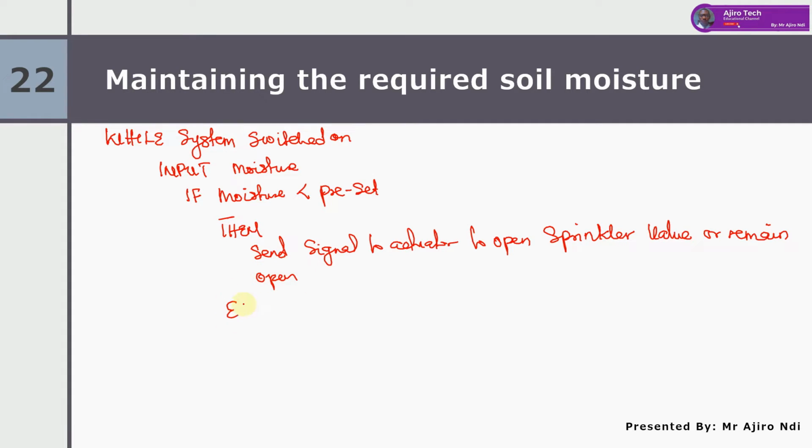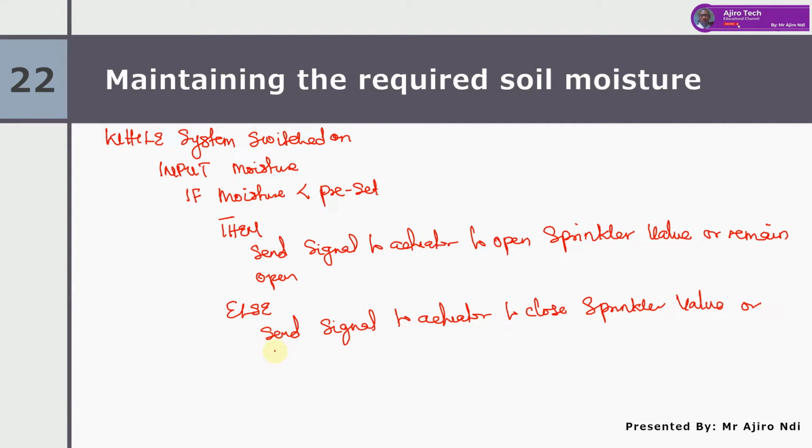Else send signal to actuator to close sprinkler valve or remain closed, if it's greater.